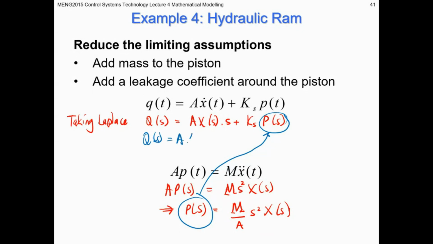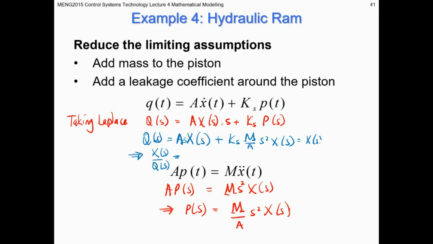Q of s equals A s x of s plus k s times m upon A s squared x of s.